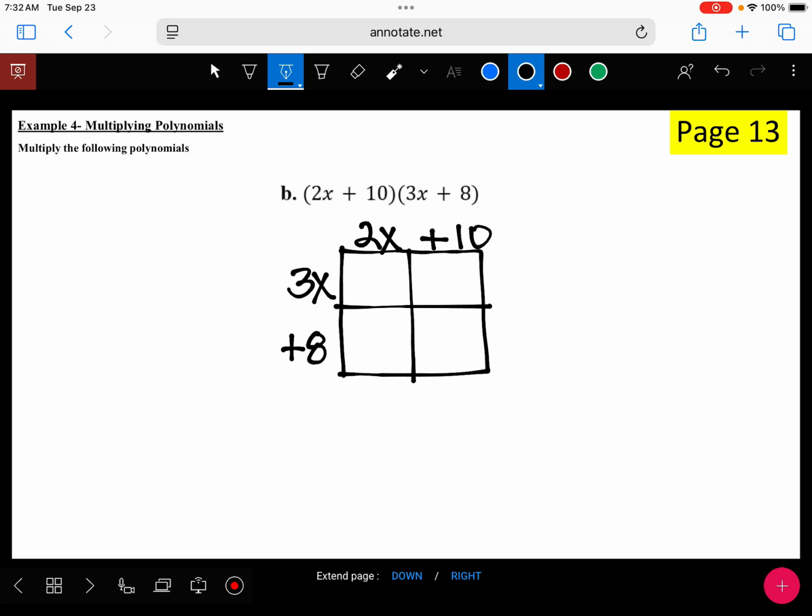So you multiply, fill in all 4 squares, and then you look for your like terms and add them together.